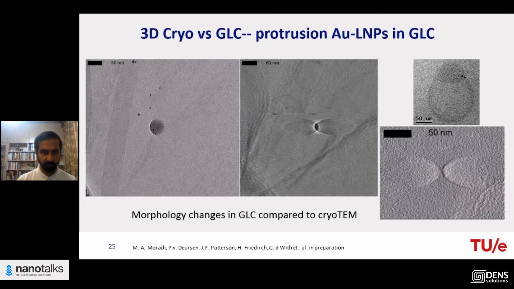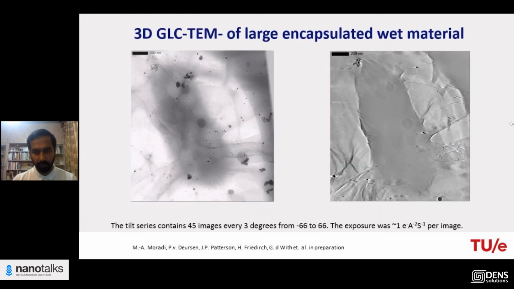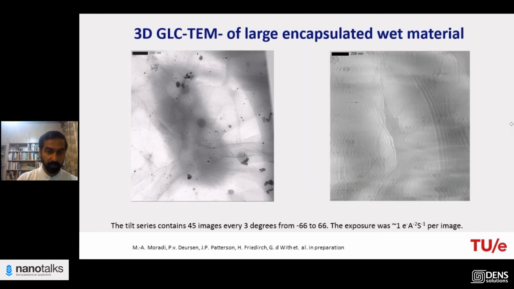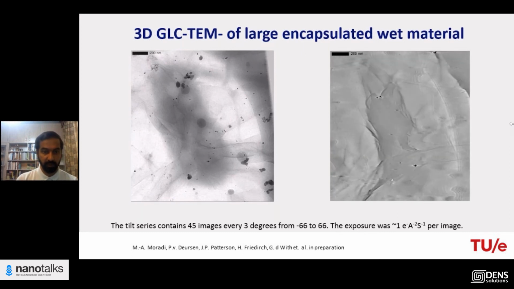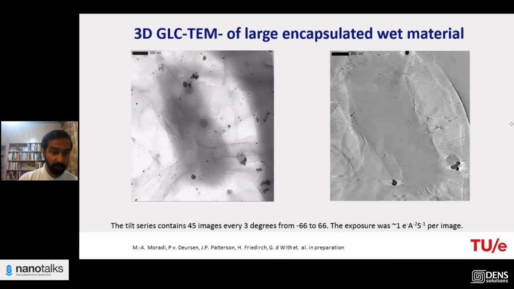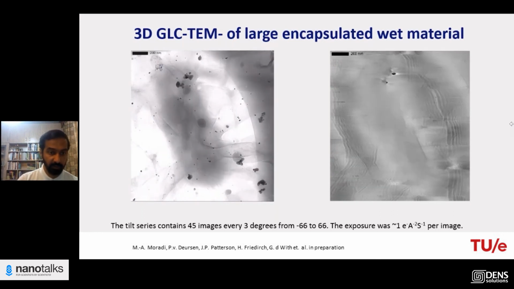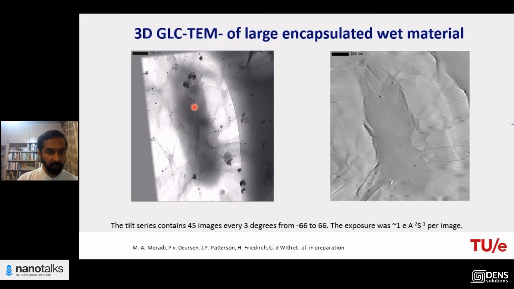In these cases, we're not looking for the movement of the sample in the liquid cell, but actually we are trying to benefit from keeping the wet sample and the tolerance against the beam exposure. So in these cases, we're actually going for the higher limits, whether to see whether we can actually monitor a couple of vesicles together here. But you can see there are vesicles in this big ocean of water between graphene.